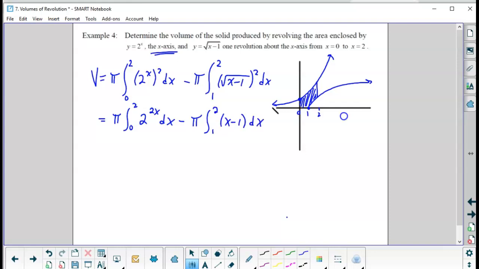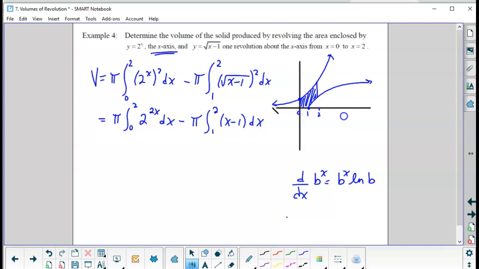If you can't remember, take a look at your formula sheet. Remember, the derivative of b to the x equals b to the x ln b. So if you solve this for b to the x, you've got a factor of ln b when integrating. And you might want to substitute u for 2x.